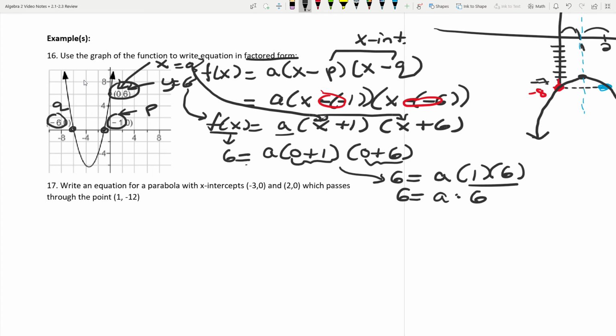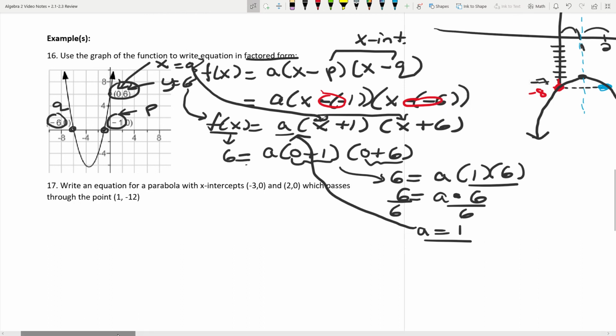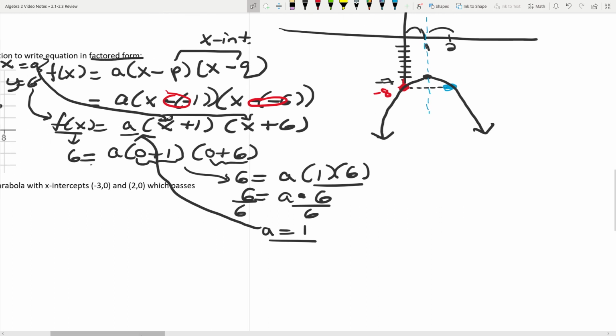So what does a have to be here? Well, a has to be 1. Divide by 6 on both sides, and you get a is equal to 1. All right, so then you're going to plug that in here and get your final answer. So the answer to number 16, and we'll write it, since we're running out of room here, let's write it over here.